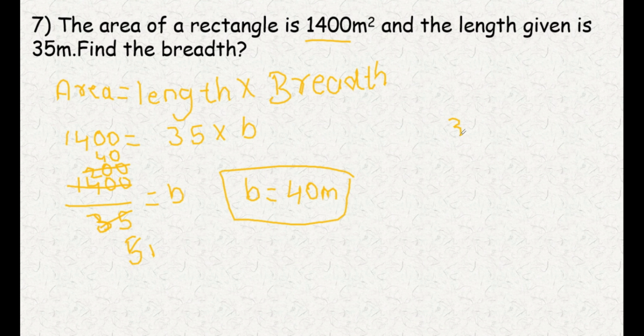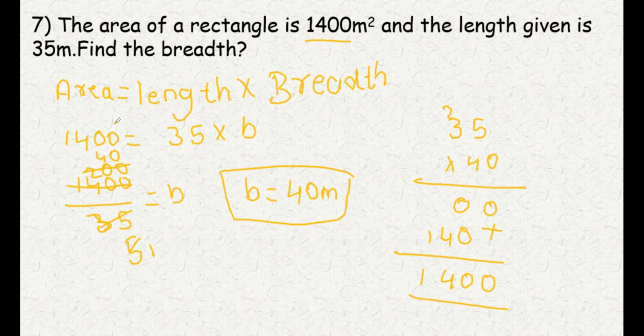We can check this. 35 into 40 is 0 plus 4 fives are 20, 4 threes are 12, 14. You will get the same answer, 1400. This is the area according to this formula.